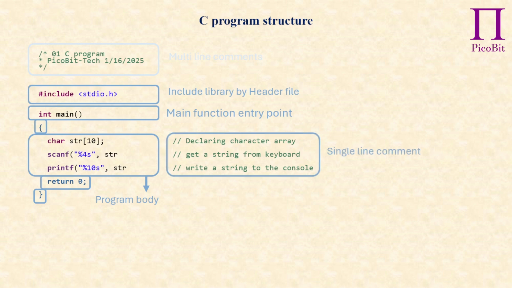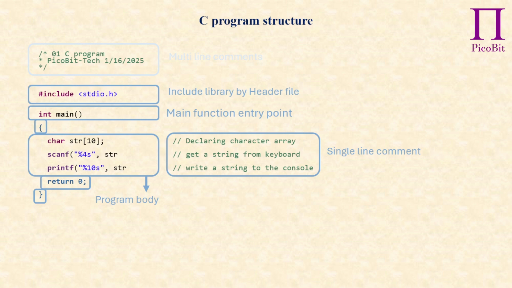Optional comments. Comments can be added to make the code more readable and to explain what different parts of the program do. Comments are annotations in the code that are ignored by the compiler. They are used for documentation, explaining logic, or temporarily disabling parts of the code. C supports two types of comments.